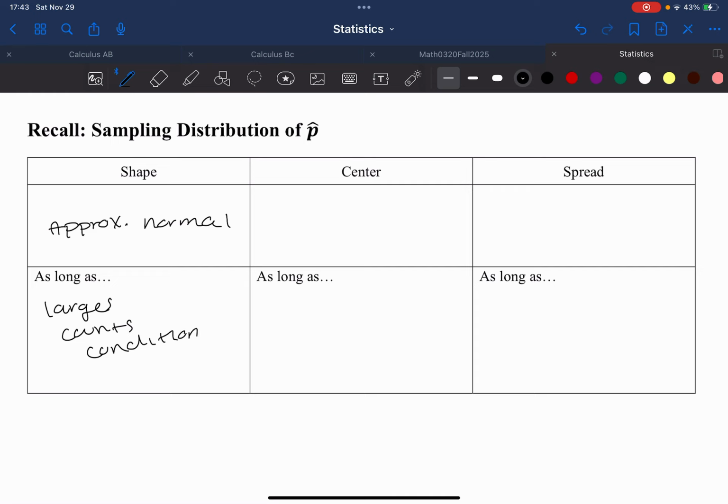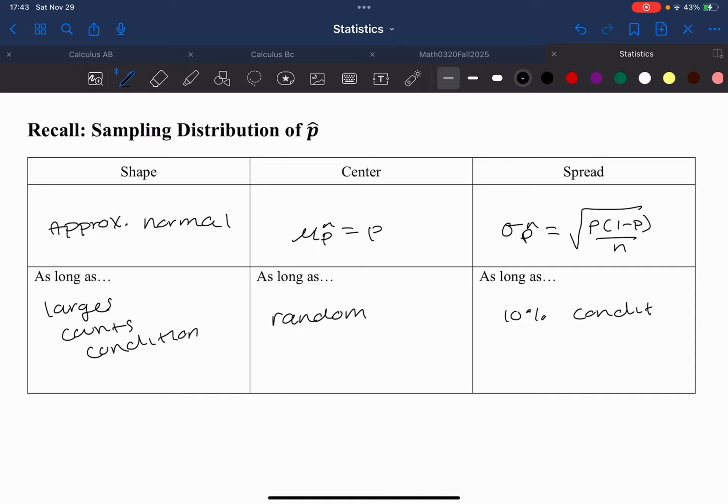We know the center is going to be mu of P hat equal to P as long as we have random selection, random assignment. And then lastly, spread: we know that the standard deviation of P hat is equal to the square root of P times 1 minus P over N, as long as the 10% condition is met.